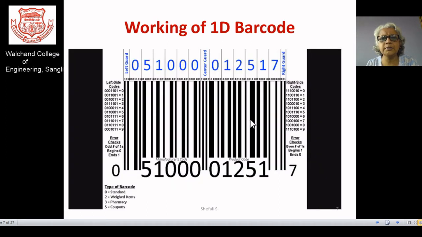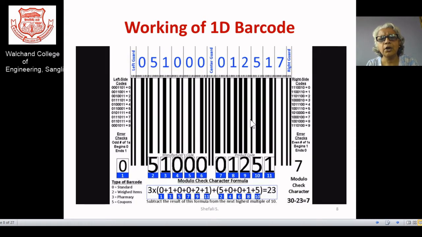If these barcodes are extended further, there are 2-dimensional codes also. This is another example of a barcode, where you can have a weightage for each individual position. It is very similar to substitution ciphers.